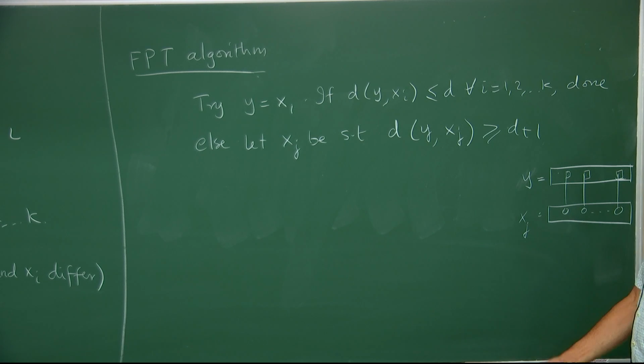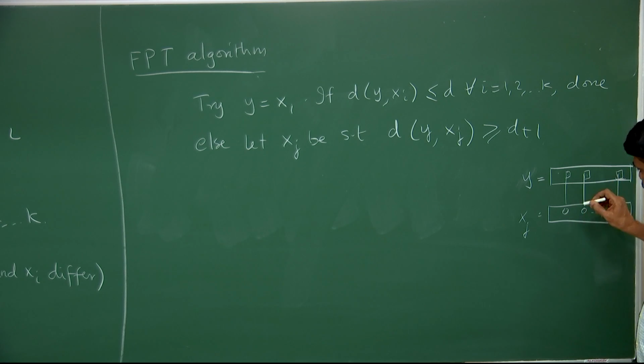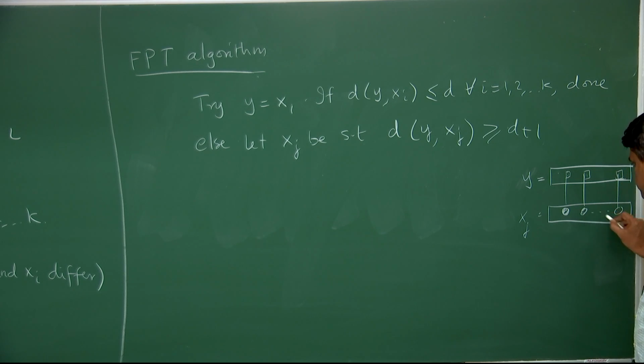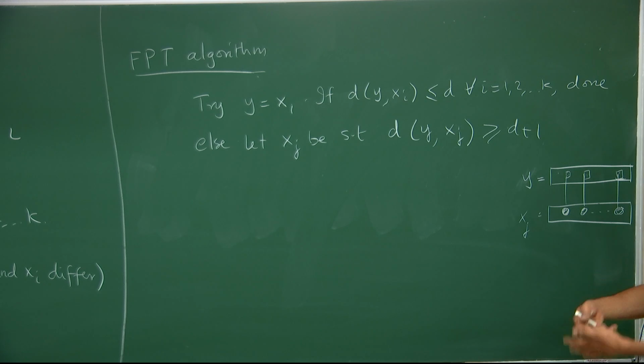In the solution I am after, let us look at the positions where y and xj differ, and there is some character sitting here. So, in the final solution, this must be equal to this, or this must be equal to this, or this must be equal to this. If not, you will have this same problem of at least d plus 1 Hamming distance with xj.